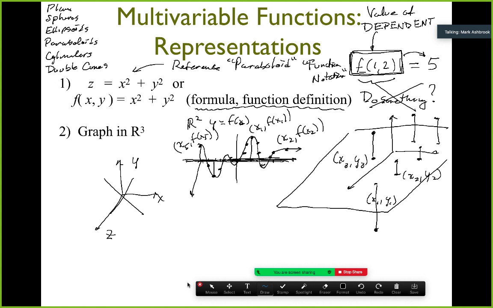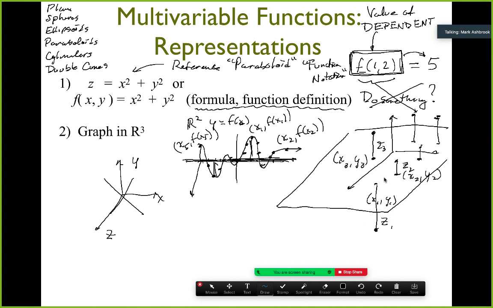And then the dependent quantity is conventionally shown by height. So here that was y, right? Y values were the values of the function shown by height on the graph. Same thing here now. Values of the function, which are z, are shown by height. So z3, z1, z2, etc. Or f of x1, y1, f of x2, y2, f of x3, y3 are the z values in the graph, the height.